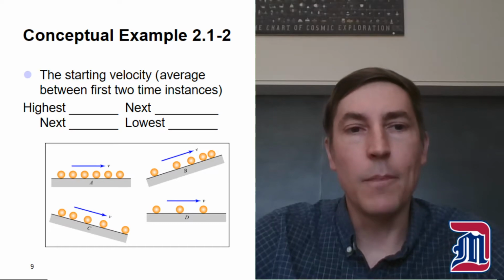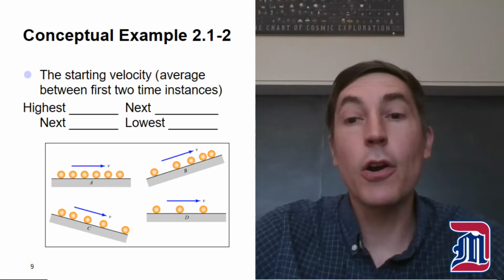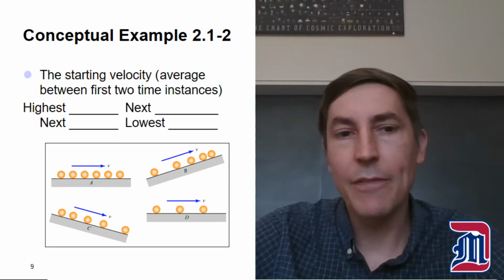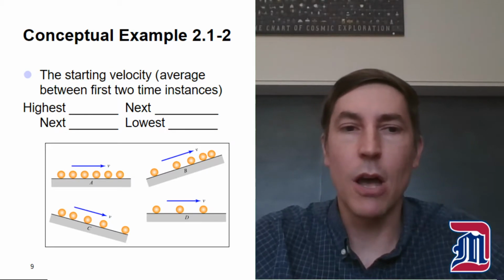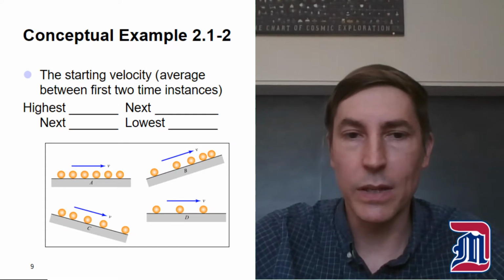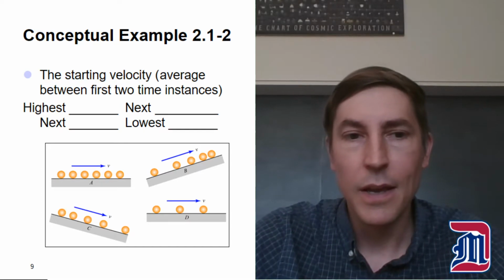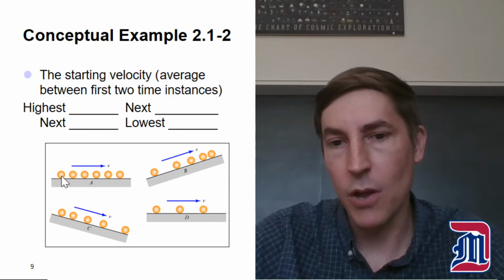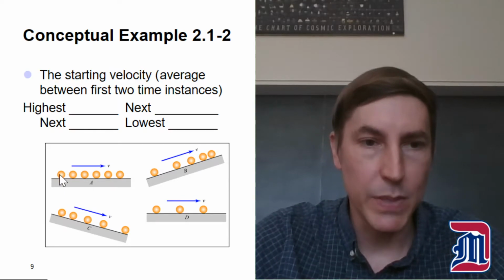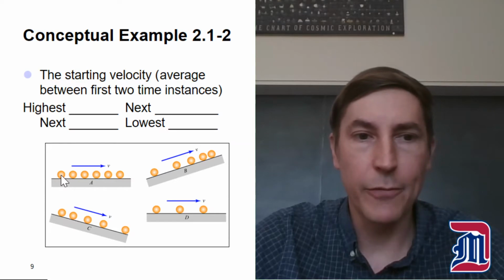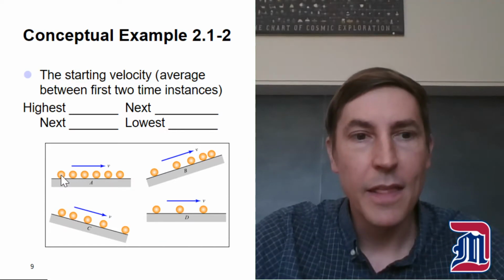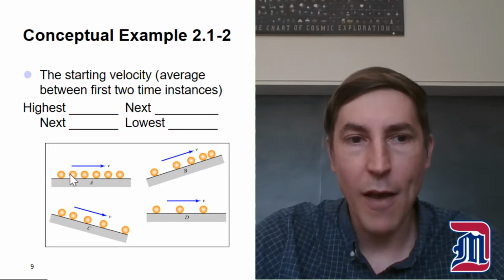And so, the starting velocity. Since we only have these snapshots, we can really only talk about average velocity between the first two time instances. If I just look at this picture of a ball, I can't tell how fast it's going. But if I know that its position is here at the first snapshot, and here at the second snapshot, then I know how far it traveled.